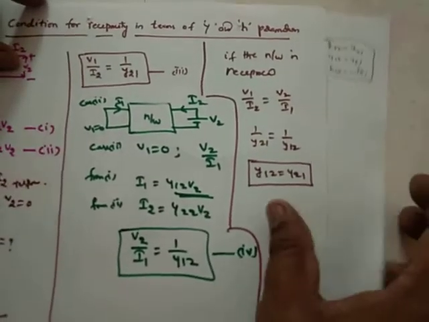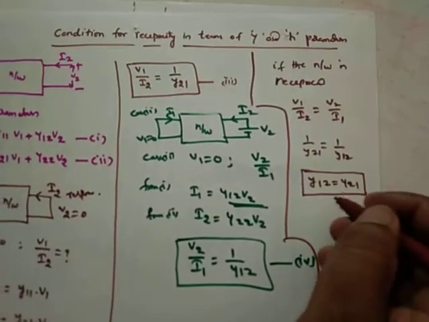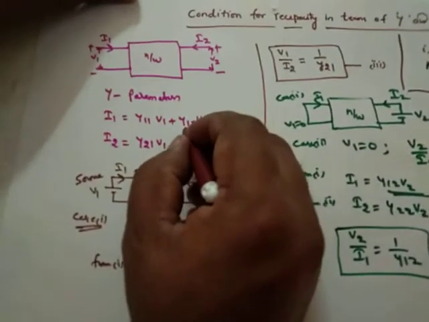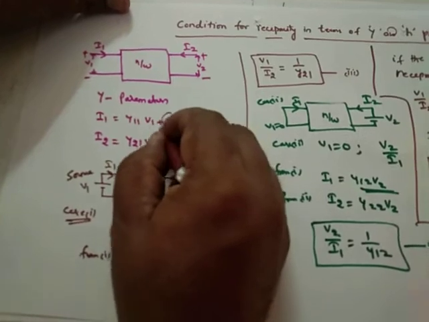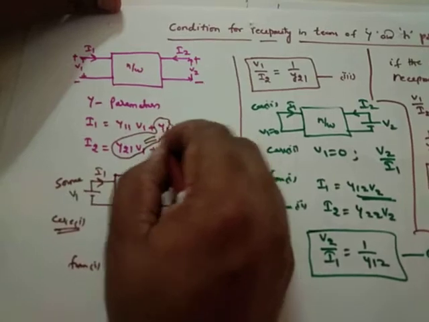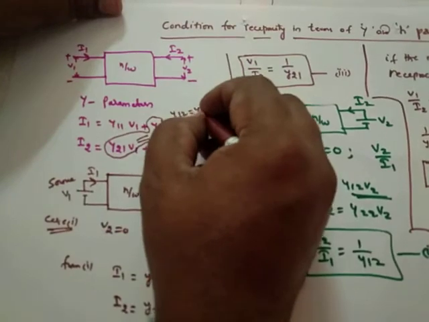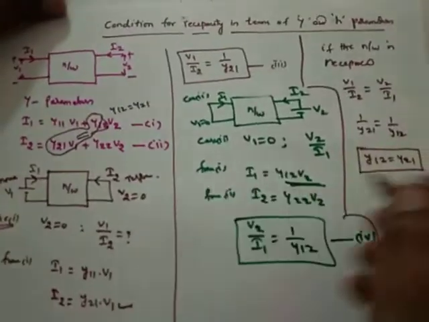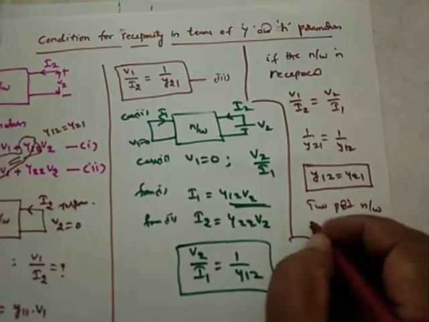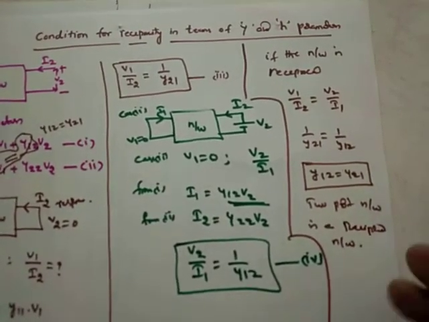This is the condition in y parameters. Now we can say the network is a reciprocal network. The condition is that the off-diagonal elements should be equal: y12 is equal to y21. Then we can say that the two-port network is a reciprocal network.